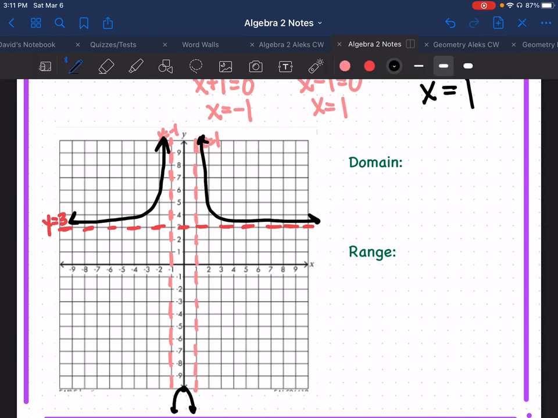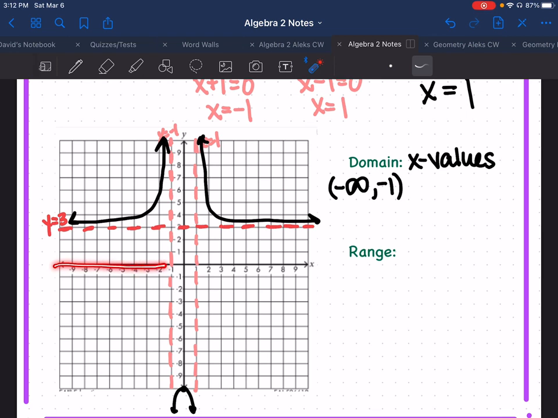So if we were to do the domain, which remember are our x values, our domain would be from negative infinity to negative 1. So it's going to come all the way from here up until it stops right at the asymptote. Then it's going to have this little piece of the graph right in here that's down there.